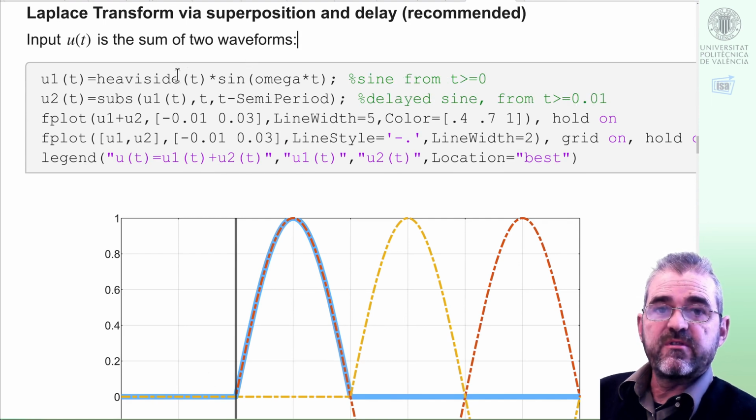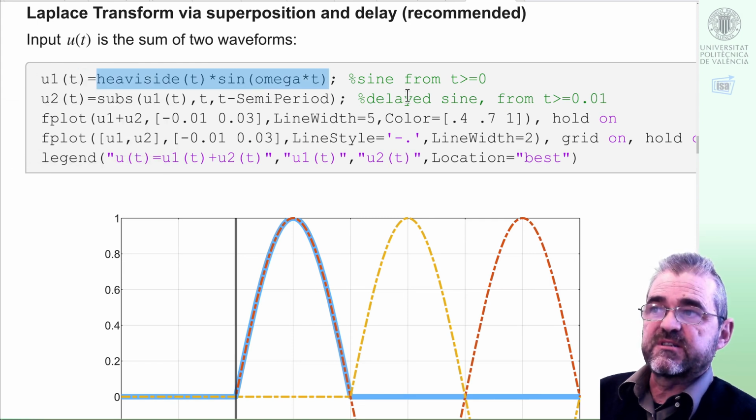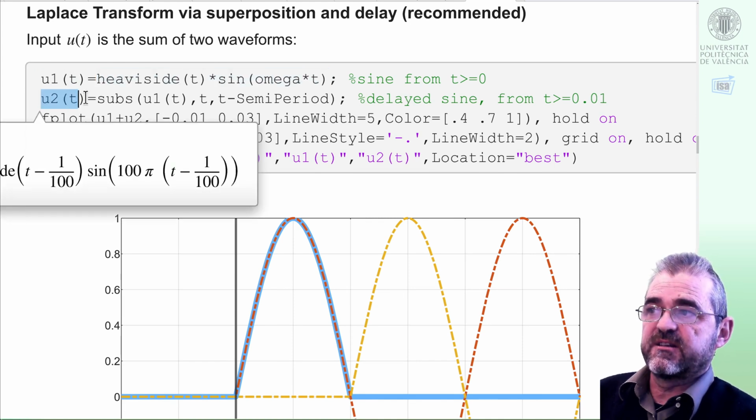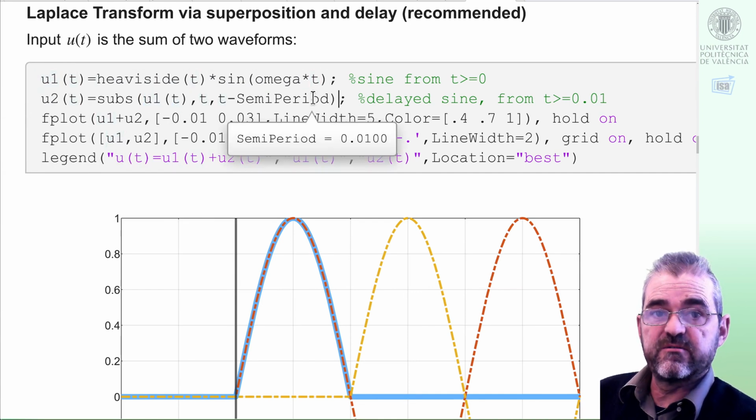We will show that the input is the superposition of two waveforms: a first waveform u1, which is the sinusoid from time 0 onwards, and a second signal u2, which is the same sinusoid but delayed a half period.